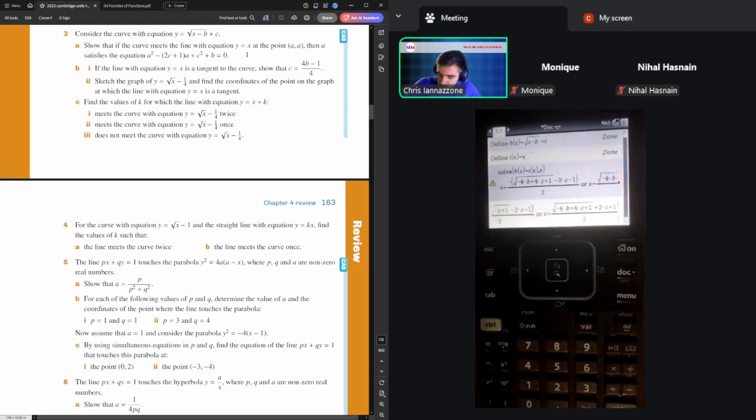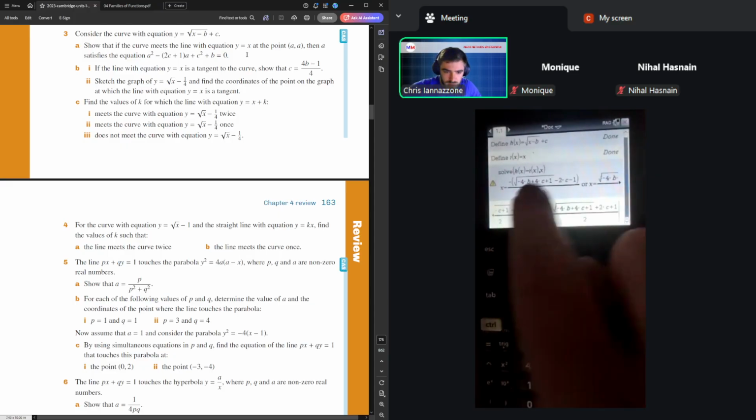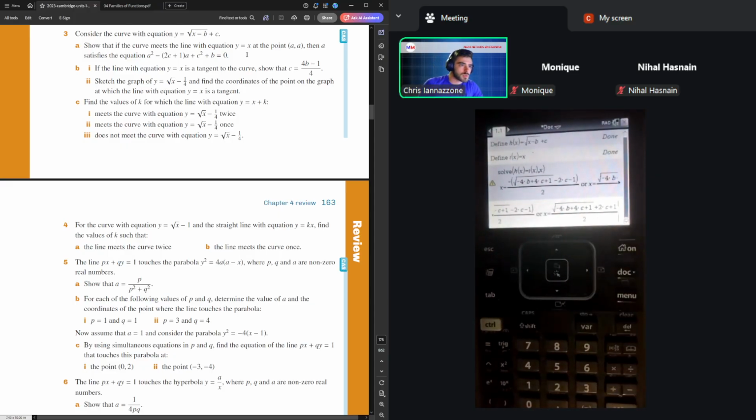I know they're complicated, but just think about this one as the positive, this one as the negative. Which one should be valid for a graph like this? Or at least most likely to be valid.